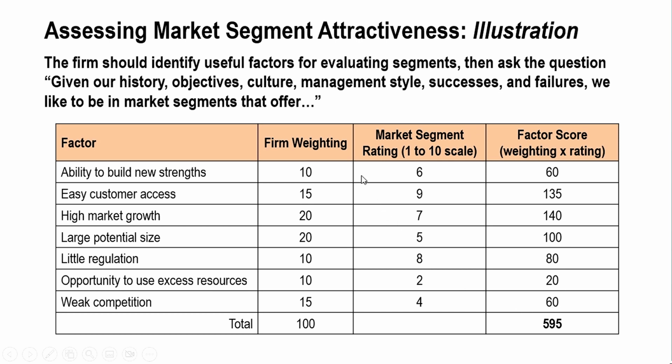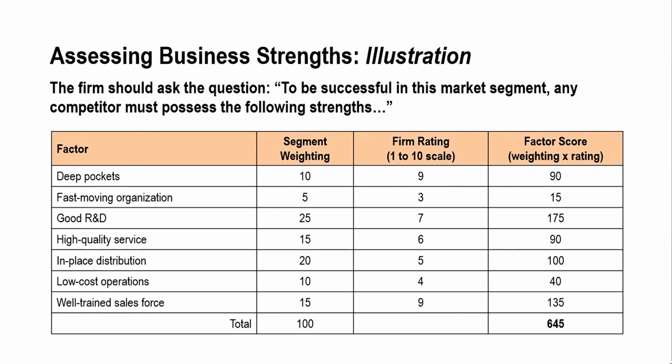So, this is how we combine the firm's priority or weight allocation with the market segment rating, and based on that we come up with a composite score for segmentation based targeting decisions.